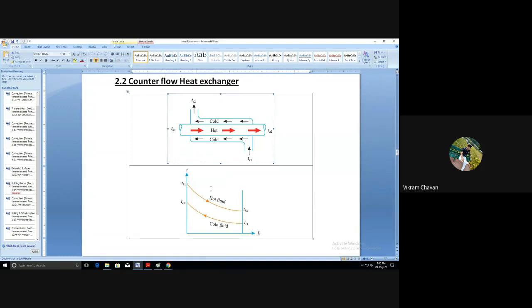For the same surface area available for heat transfer, the counterflow heat exchanger exchanges more heat than the parallel flow heat exchanger. Getting everyone about the counterflow heat exchanger? Is there any doubt or question about the parallel flow and counterflow heat exchanger? So you can draw these diagrams.